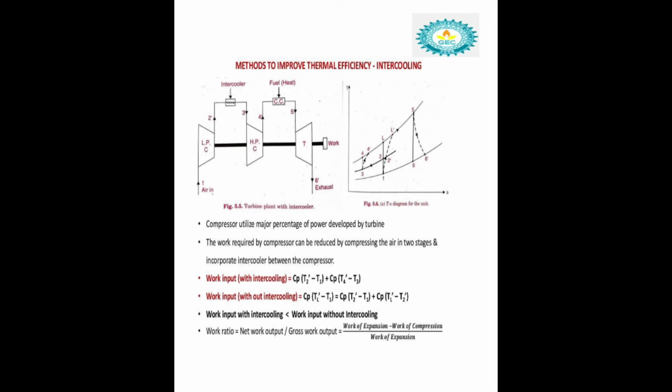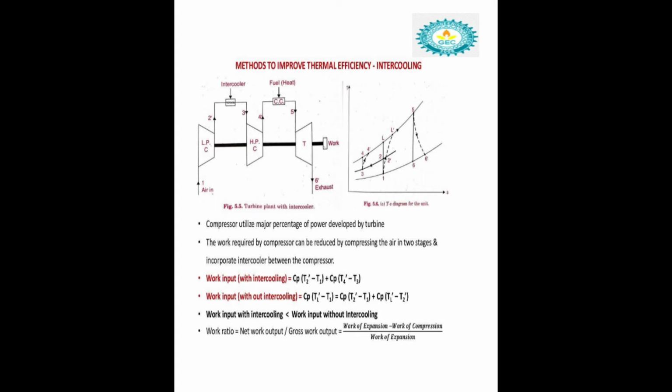Work input with intercooling is Cp into (T2' minus T1) plus Cp into (T4' minus T3). Work input without intercooling is Cp into (T1' minus T1), that is equal to Cp into (T2' minus T1) plus (T1' minus T2').